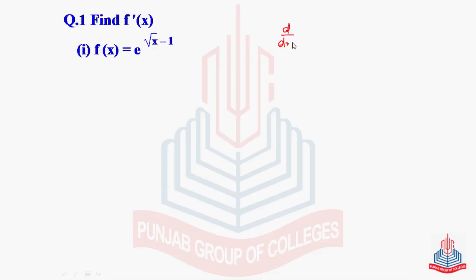We have to differentiate a function like e raised to the power f of x. The derivative of such a function, e raised to the power f of x, will be e raised to the power f of x, and then the derivative will apply on the function f of x.